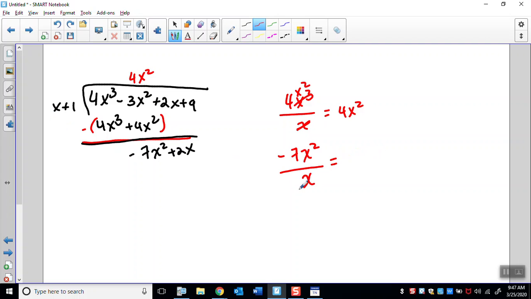The x's get crossed out, and you have negative 7x. That goes up there: negative 7x. Negative 7x times x is negative 7x squared. Negative 7x times 1 is negative 7x.